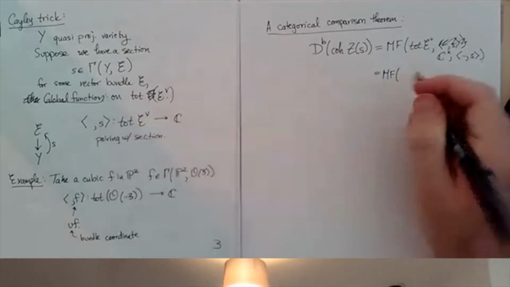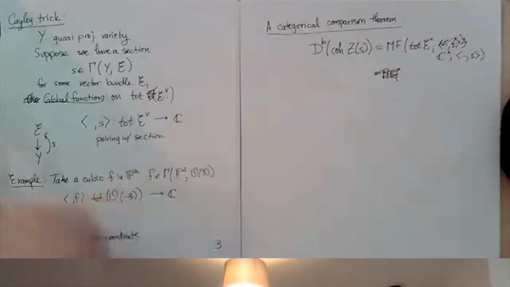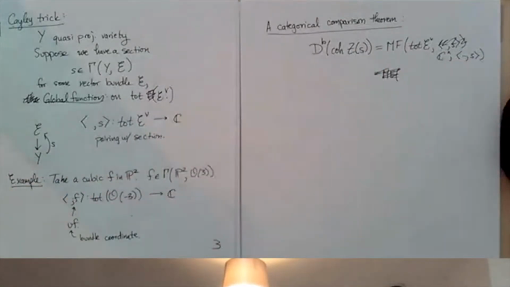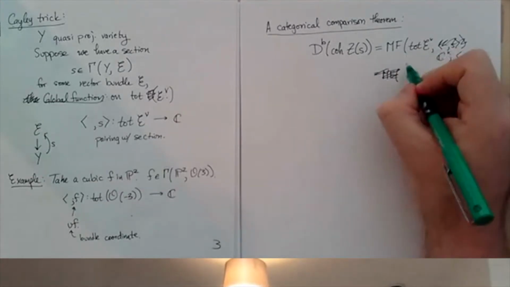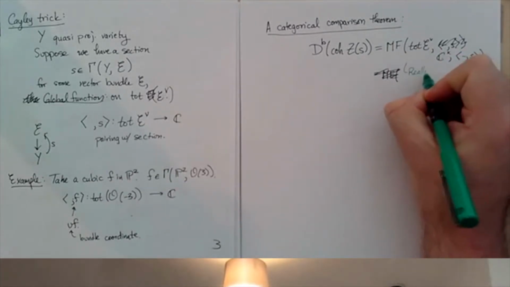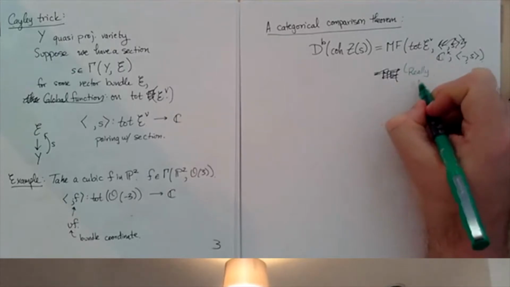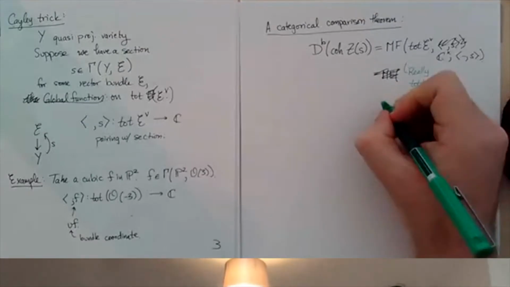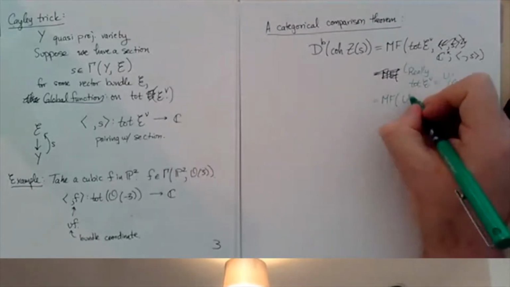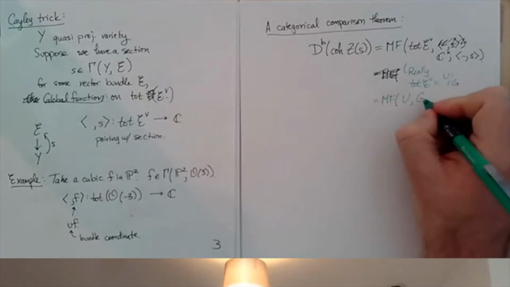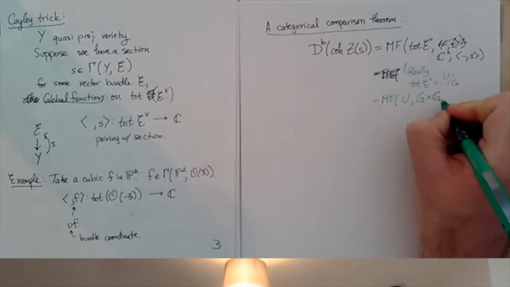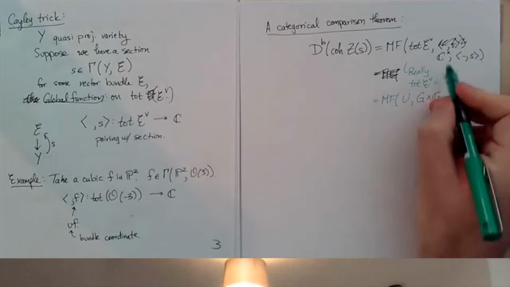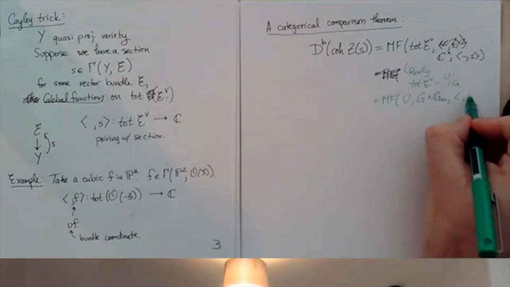So maybe I should just say what's really happening. I think of the total space of E dual as U mod G, and then I end up with matrix factorizations where this is U comma G cross the R charge with the pairing.